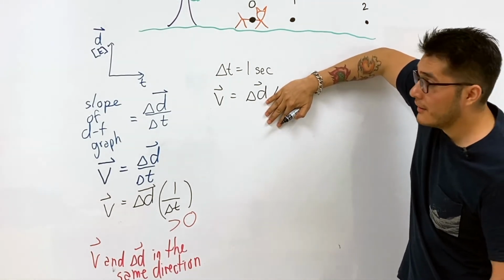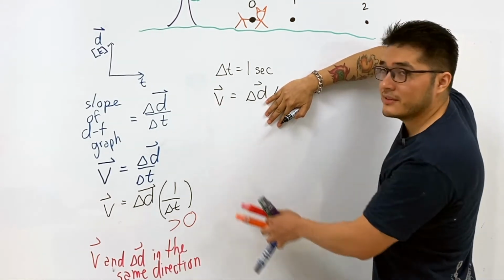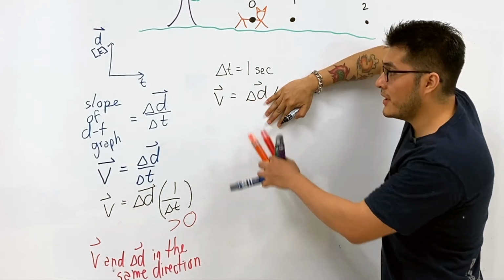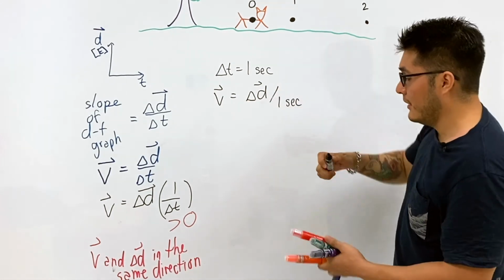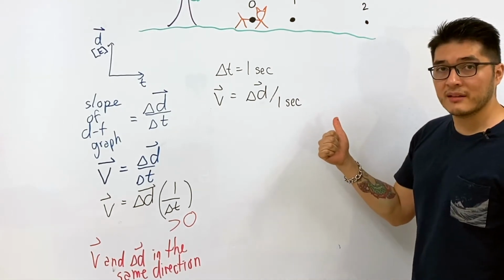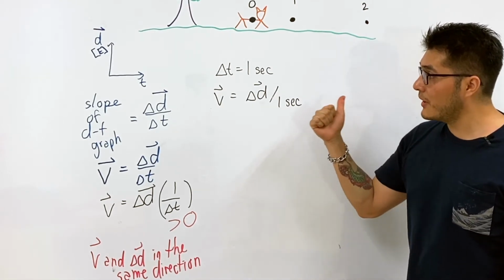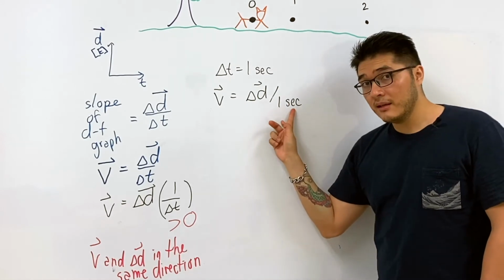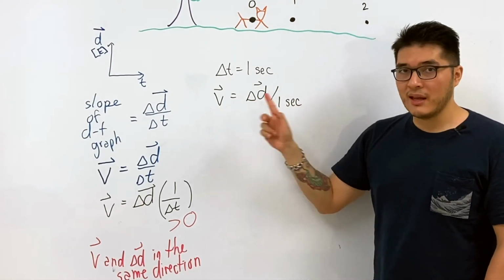And what does that look like? Our velocity vector is the same thing as our displacement vector. So our mission now is to figure out how we draw displacement vectors, because that's going to give us the same direction, and, if we assume 1 second, the same length.